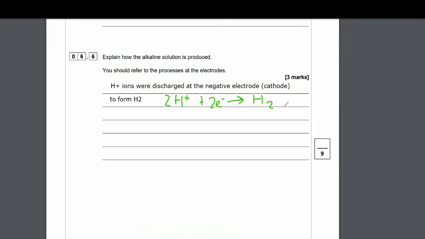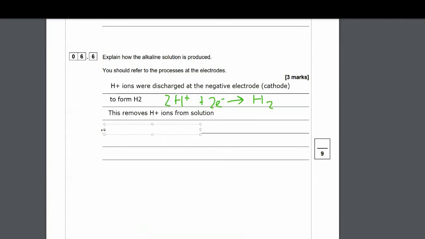It's a diatomic molecule, right? So that is our half equation, which means that there's no hydrogen ions left. So they're discharged at the negative electrode. This removes H plus ions from solution. I'm making mine a bit long, but I'm explaining why there's no hydrogen ions left in the solution.